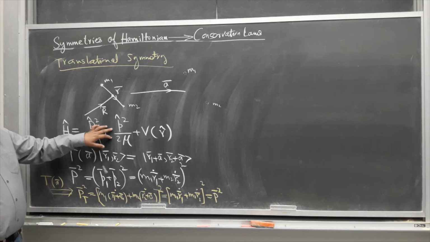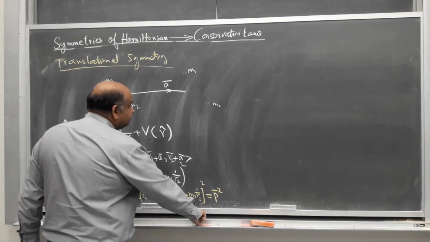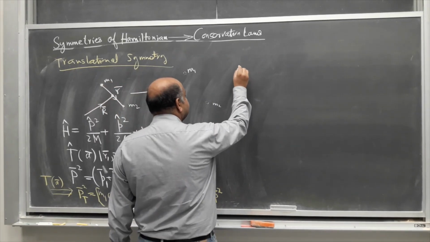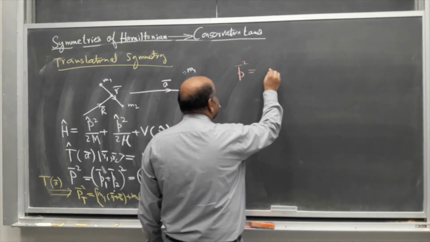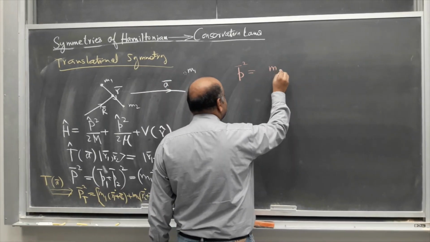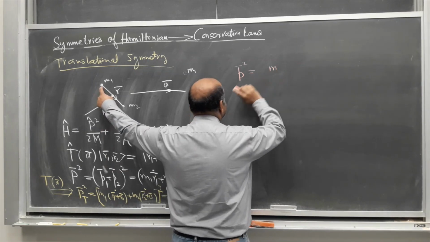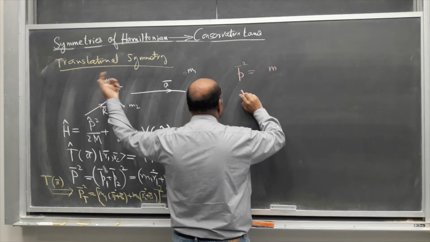Let's come to this relative momentum term. So this momentum P square is the momentum of both particles, but the momentum of the first particle would be 0 in this frame because its position vector with respect to itself is 0.